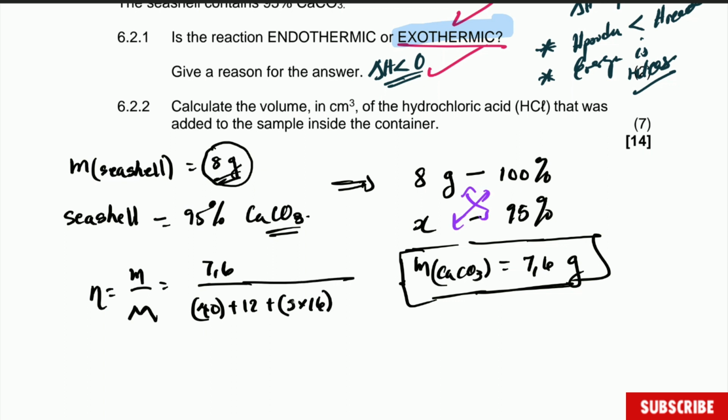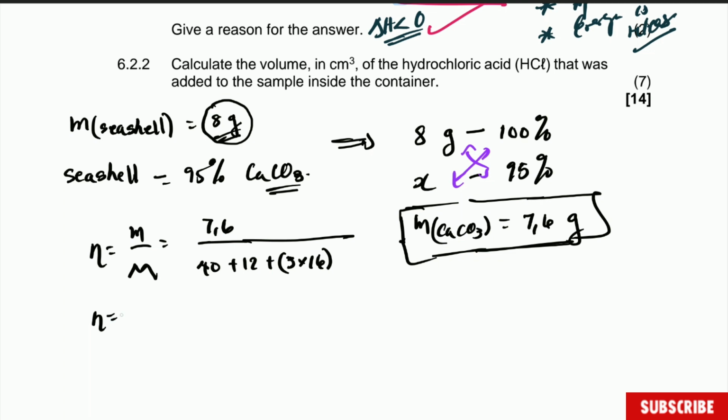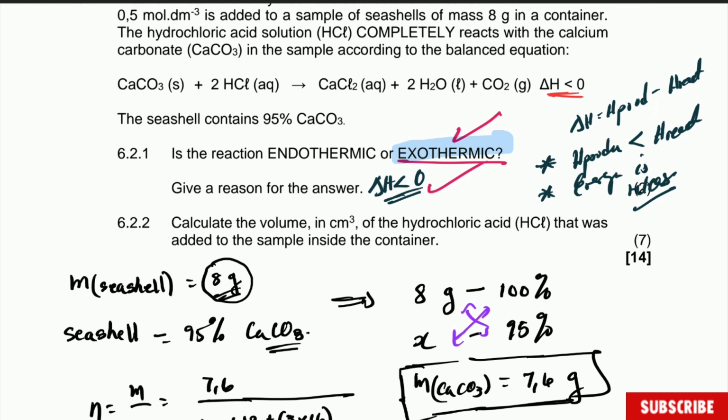That is how to calculate the molar mass of those compounds. We can take off this bracket there. There we go. And then the answer, when you do this one, the number of mole of the calcium carbonate will be 0.076 mole.